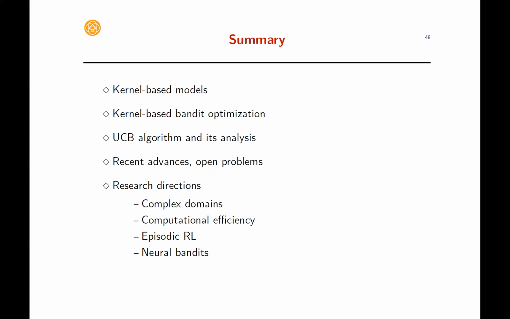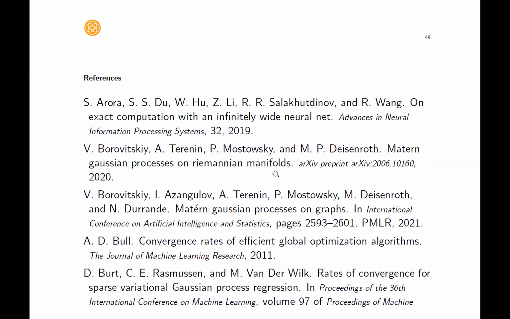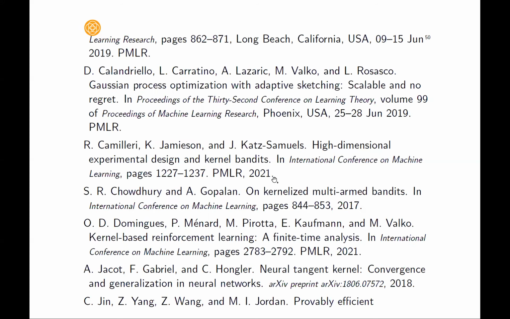As suggestions for research directions, I mentioned complex domains, computational efficiency, episodic reinforcement learning, and neural bandits. I know it was a bit quick, and I just named a few papers, but these are the papers that I found important, and I have a full list of papers at the end of the slides.